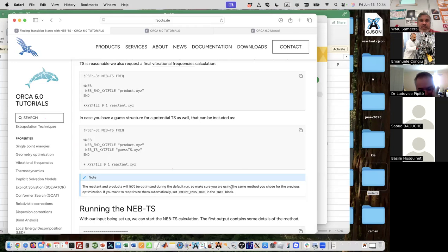How can we generate the rate constant for the forward and backward reaction? Is it possible? Rate constant. I will come back to that rate constant issue later.